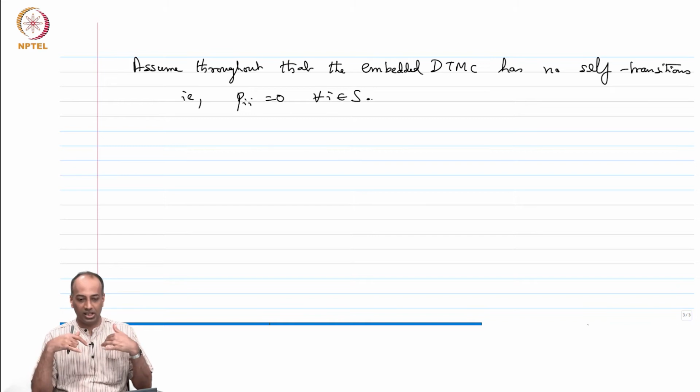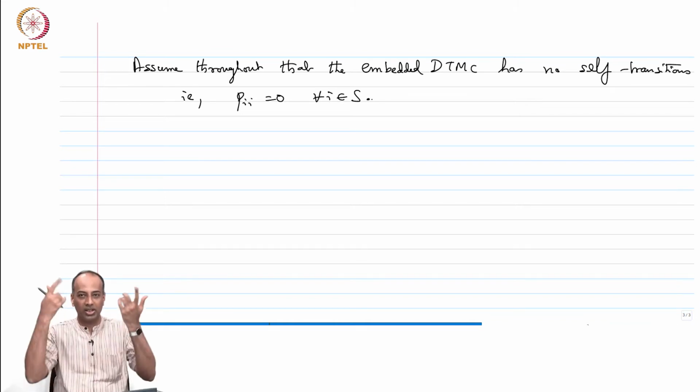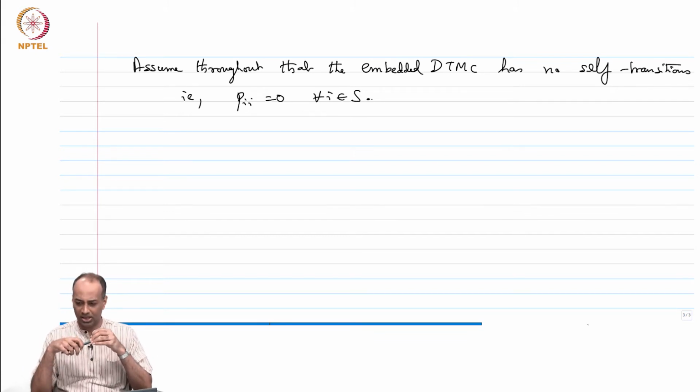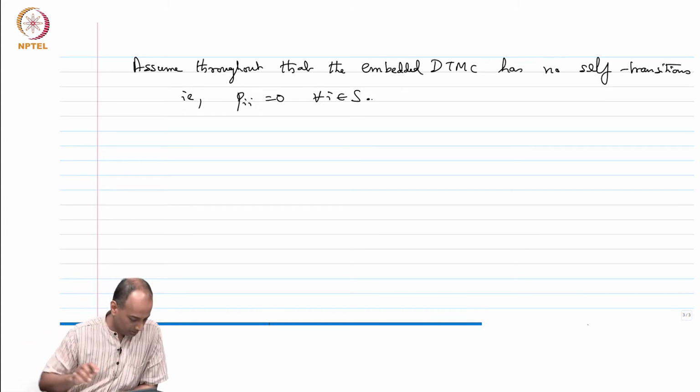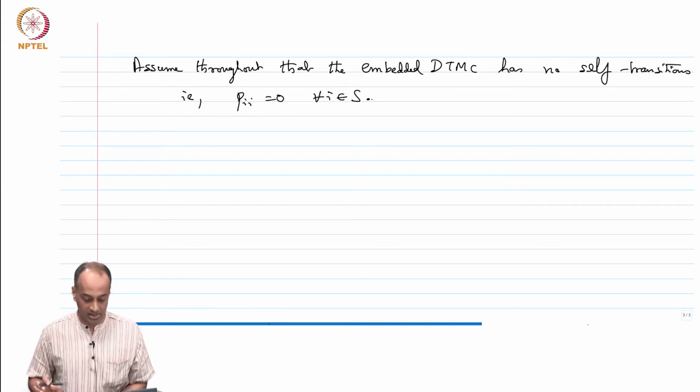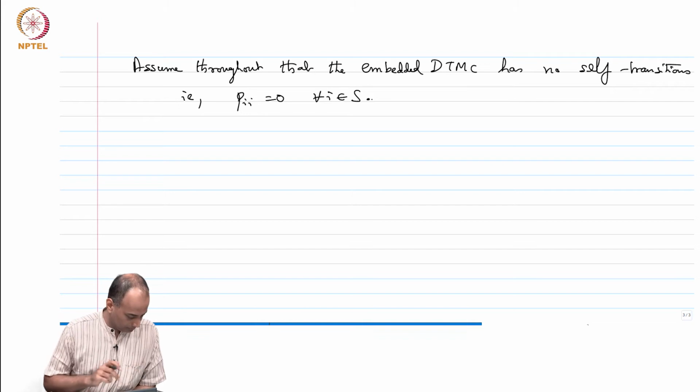The Xn's and the ui's together will specify X(t) and vice versa. That equivalence also follows if you make this assumption. This is not a restrictive assumption again, as I said, if you do have P_ii non-zero, you can tweak the nu i's to make P_ii 0, and the statistical properties of the process will remain the same. So, this is an assumption we will make going forward, that the embedded DTMC does not have any self transitions.